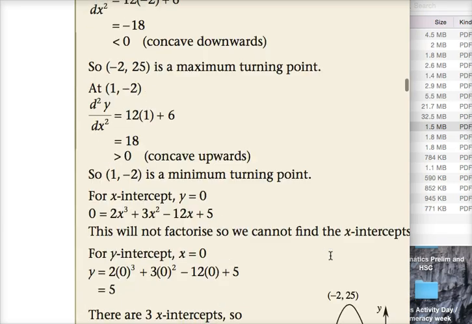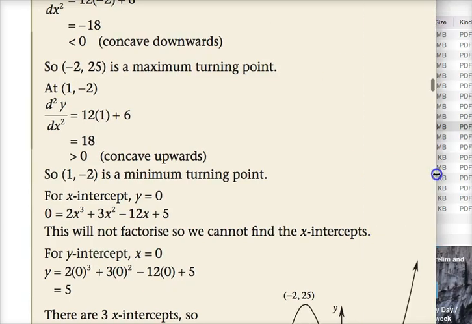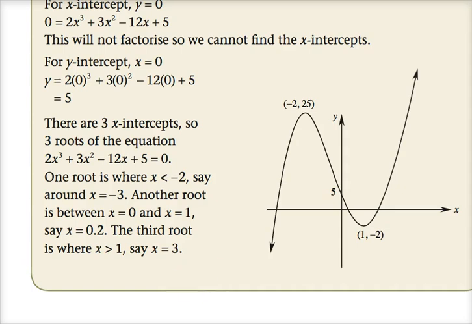And at the point (1, -2), they end up with a minimum. So the thing is, you can't actually factorise that polynomial if you try. So they've got a maximum at (-2, 25) and a minimum at (1, -2). If you look at the equation up here, the y-intercept is 5, and so that's how you would sketch it.